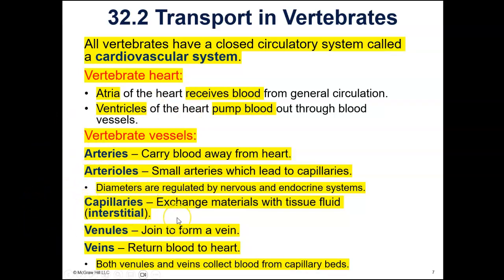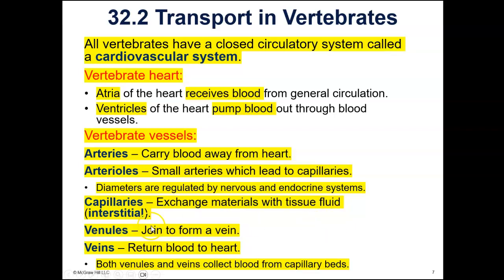They're the smallest blood vessels. And capillaries function in exchange. They'll exchange oxygen and carbon dioxide with the alveoli or air sacs of the lungs. And then they'll also exchange materials with the cells in our body tissues, so with the tissue fluid or the interstitial fluid.